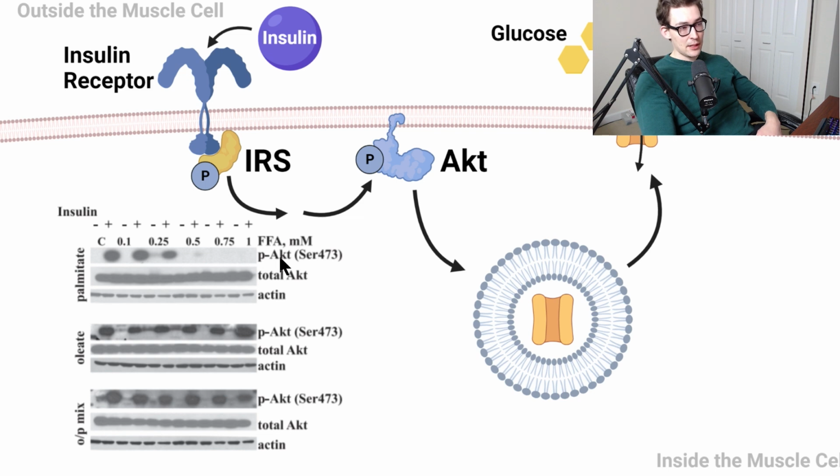Here we're looking at a measure of phosphorylated AKT, so right here, with the phosphate, so activated AKT, and the total AKT, which is just the total amount of this protein, not necessarily the activated, just total amounts. And then we've got our loading control as the actin. So the actin looks really good here. This is more so what I was talking about.